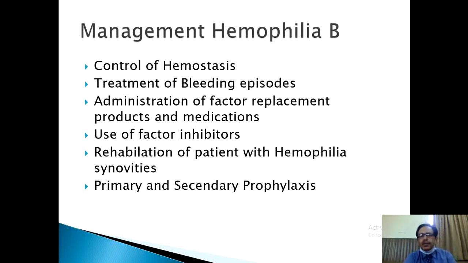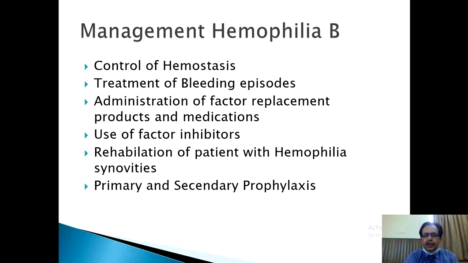Management of hemophilia B. First of all, the first agenda should be to control or restore the hemostasis. Then you treat the bleeding episodes. How do you do it? You do it by administration of factor replacement products and some medications.